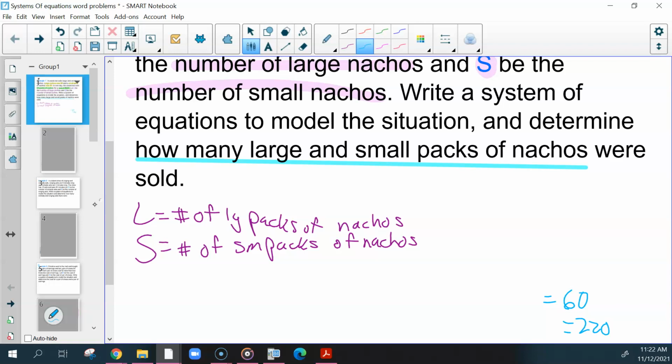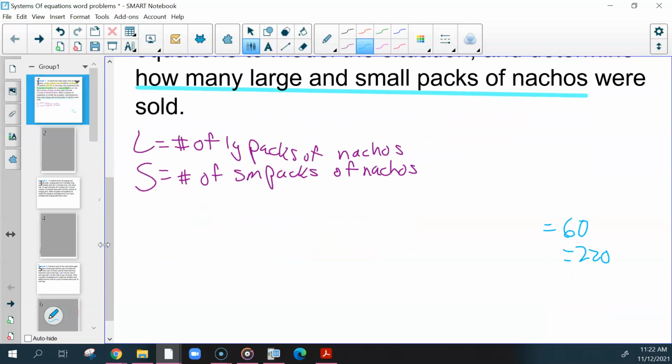S and L. They both tell us number of nachos, just different types. So since these both represent the number of nachos, and 60 is the total number of nachos, we're going to add L and S to this. We don't know what those are, but if I knew what L was and I knew what S was, I could add them together and they would equal 60.